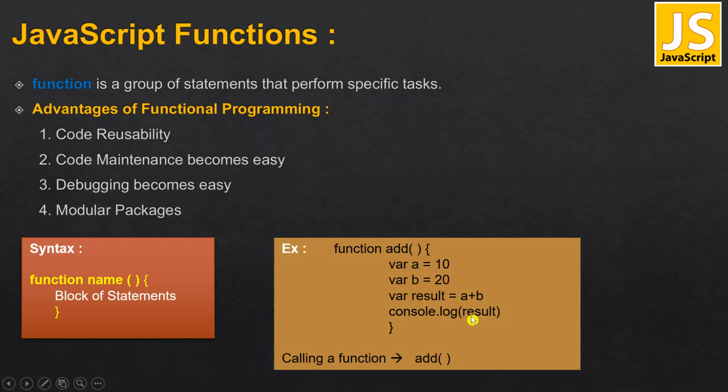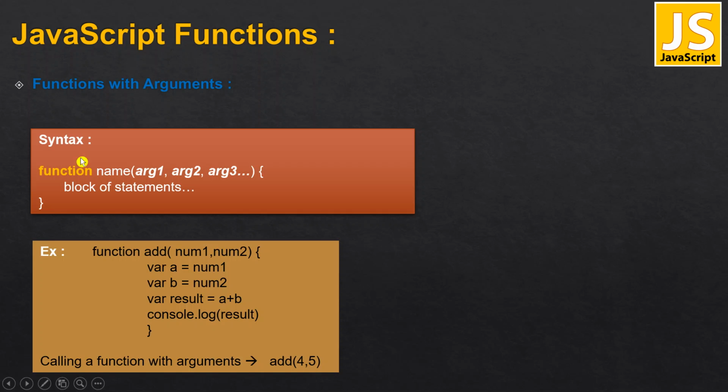And if you want your own numbers apart from 30 or 20, like say you need to add 28 plus 94, then this function is useless. Even though it is a function, it is useless because you didn't define the arguments. So for fulfilling that purpose, there is the function with arguments concept.